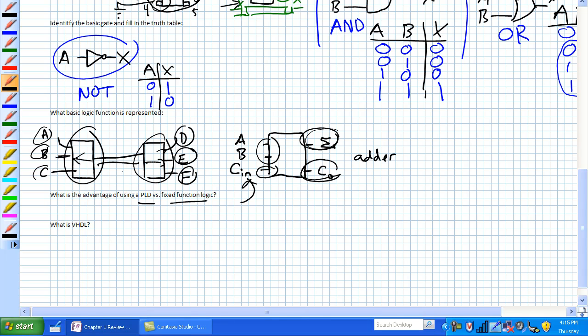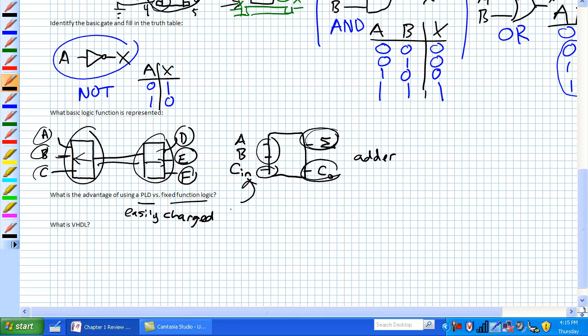Again, what's the advantage? PLDs are a single device. So it's one device versus fixed function logic, which is a multiple number of devices. But the advantage lies in the fact that it can be easily changed, once you know the programming language.